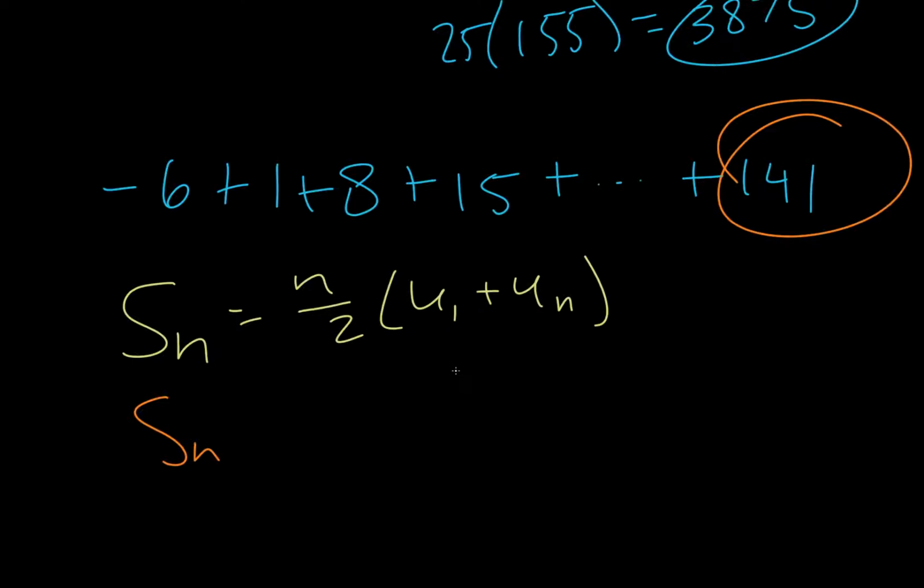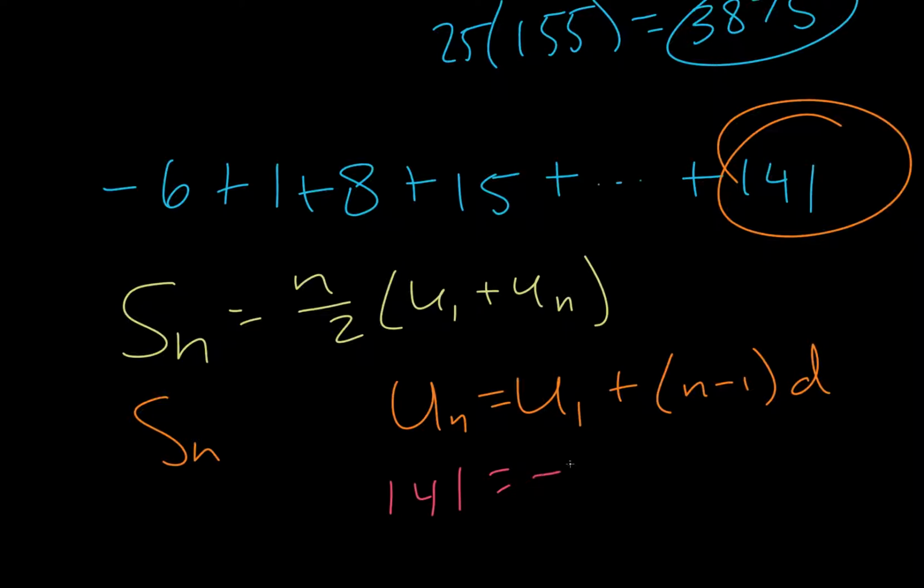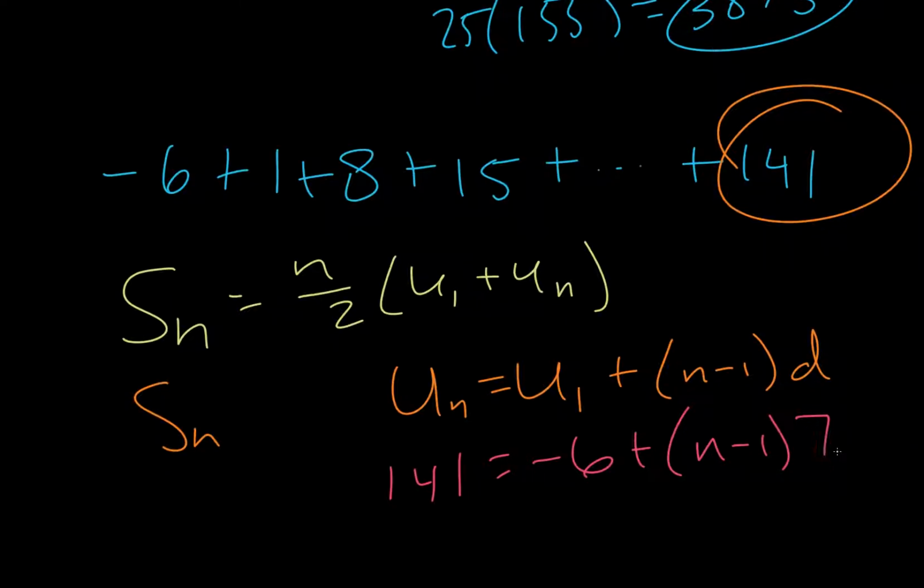So we know that u sub n is equal to u sub 1 plus n minus 1 times d. In this case, our last term is 141. Our first term is -6. We don't know n. And then our common difference, we're adding 7 each time we go. So that's 7.